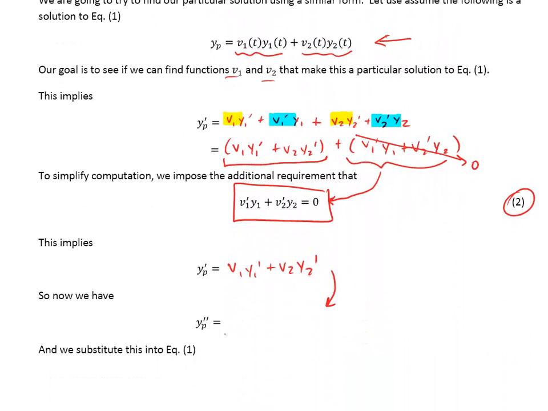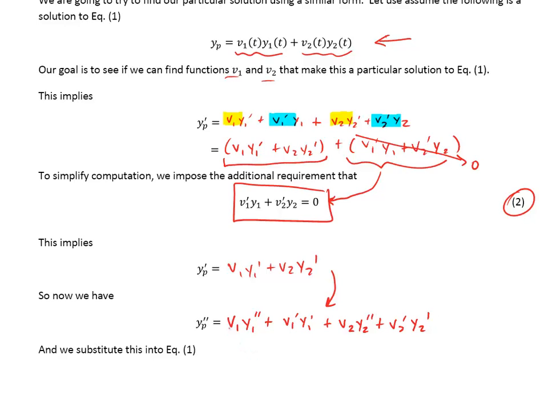All right, so yp double prime, if I take the derivative, I have to use, again, the product rule. So first times the derivative of the second. Derivative of y prime is y double prime, plus the second times the derivative of the first, so that would be v1 prime y1 prime, plus v2 y2 double prime, plus v2 prime y2 prime.